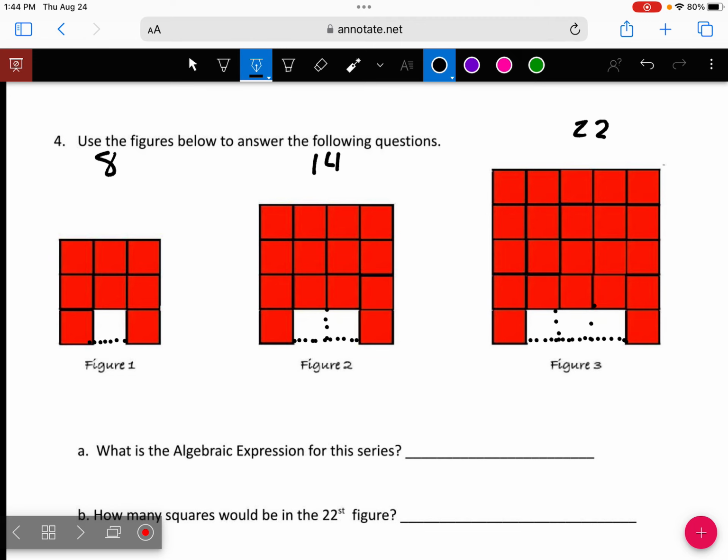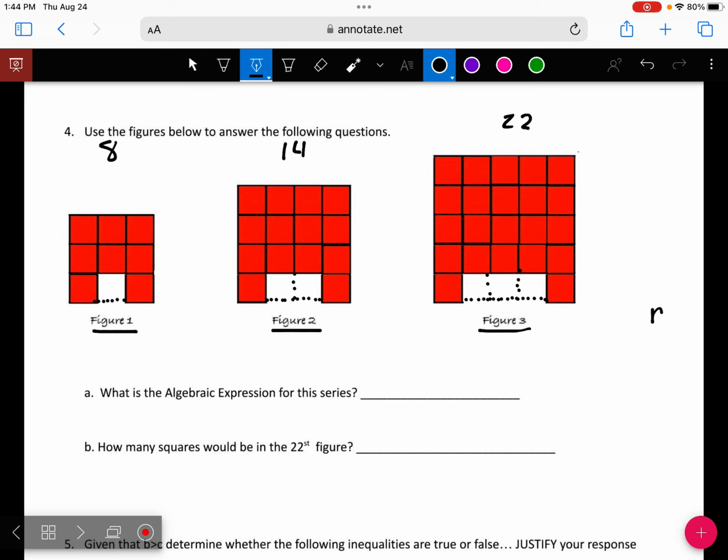Yeah, the gaps are bigger by 1 square each time. And if this is figure 1, and this one's figure 2, and this one's figure 3, if I was looking for figure N, how many would we take away from the bottom?